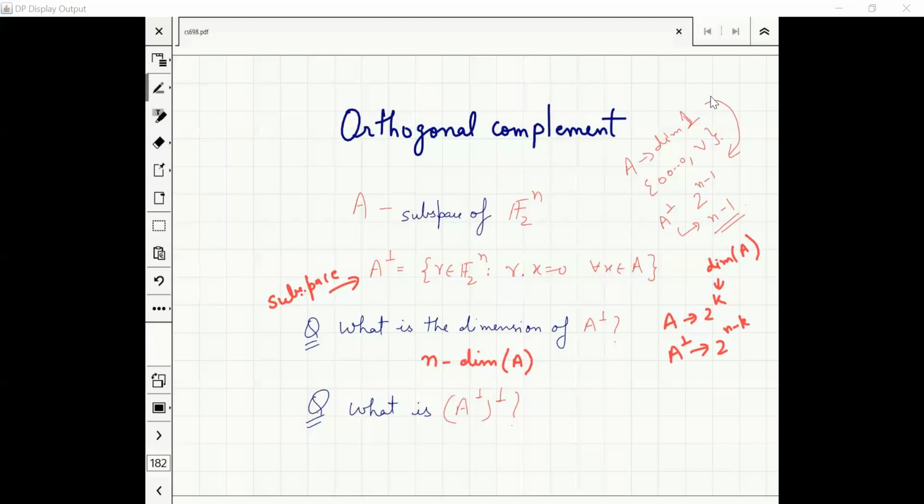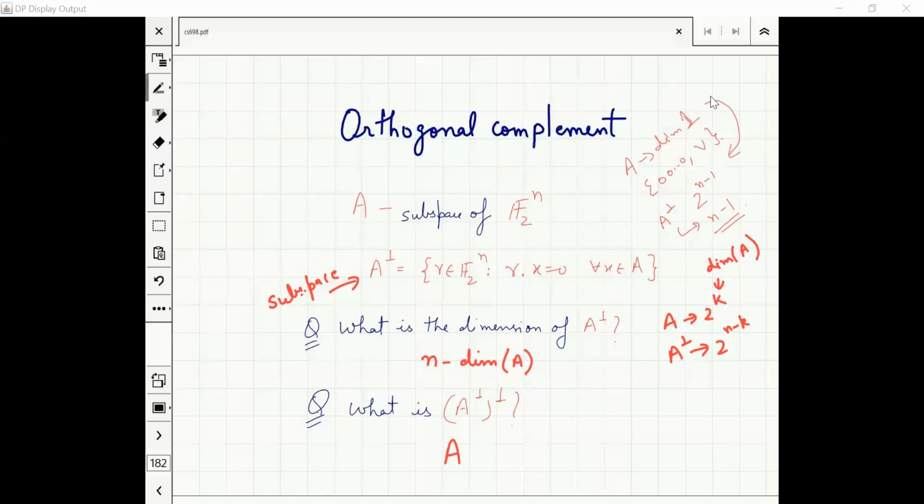Now, what is A perp perp? It is A. We see that in other vector spaces also, and here also this is going to be the case. Clearly every x in A is perpendicular to every gamma in A perp.